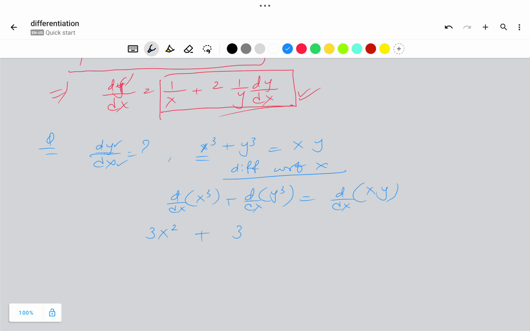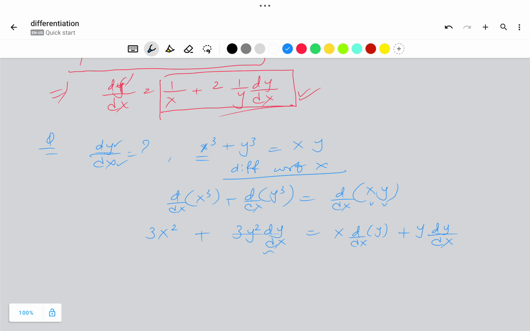The derivative of y cube will be 3y square dy by dx, using the chain rule. For xy, we are treating one as u and the other as v. So first x as it is, times the derivative of y with respect to x, plus our y function as it is times the derivative of x.